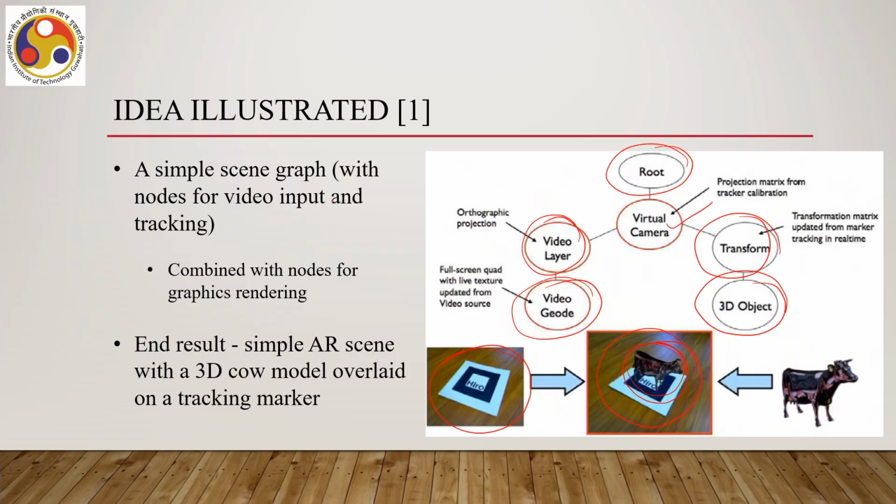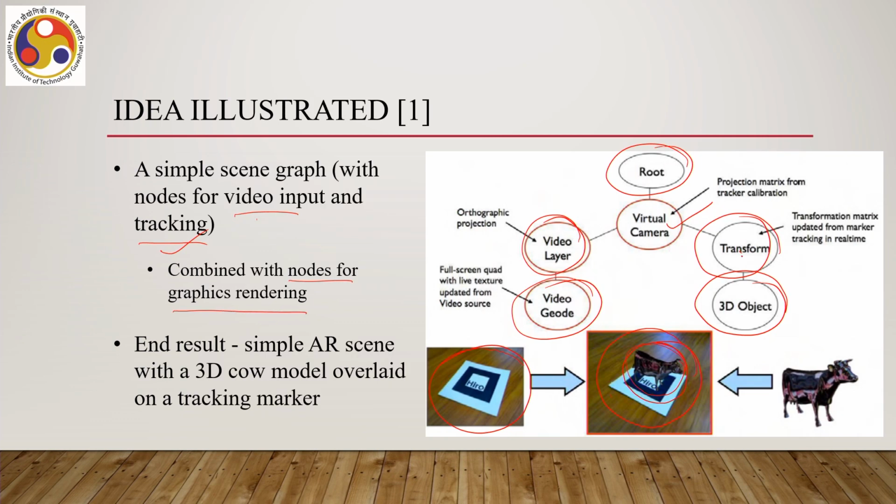So, here the simple scene graph contains video input and tracking. Both video input primarily comes from the input device, tracking again based on sensors present in the input device, in this case camera, combined with nodes for graphics rendering.